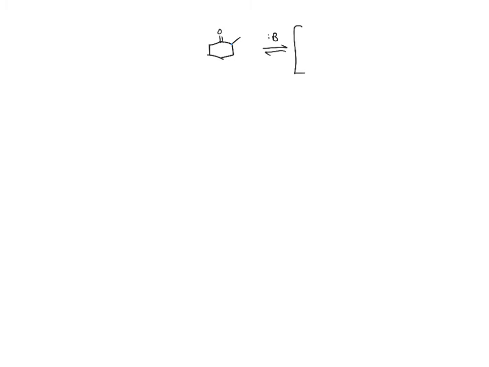That's going to give us the enolate like this, which can undergo resonance delocalization to give you the enolate that looks like that. All right, so we call this the Thermodynamic Enolate.